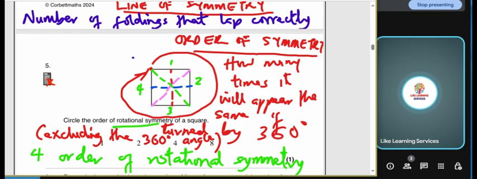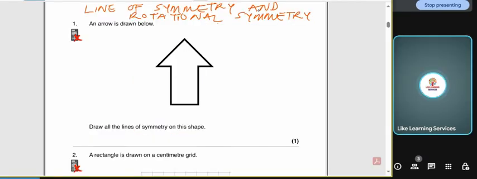It must lap correctly, you know. For instance, this question: an arrow is drawn below. Draw all the lines of symmetry. How many lines of symmetry does it have? A line that can divide it into two equal parts. That's about lines of symmetry.